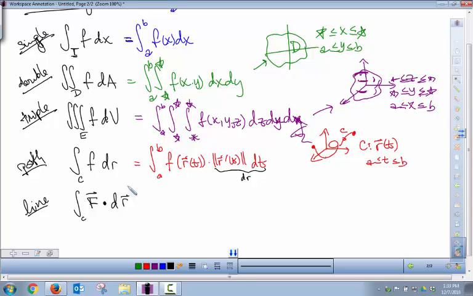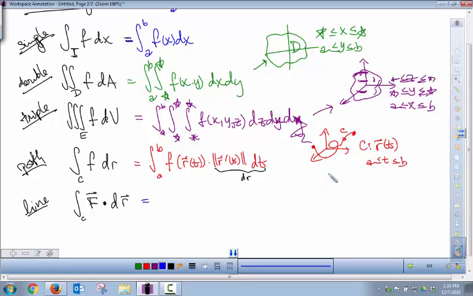And so when we do that, we need to make a similar construction here where we're going to take a look at a curve, and then we're going to take a look at an infinite number of dot products, where we're dotting the vector field at that point and some sort of direction that we're going.